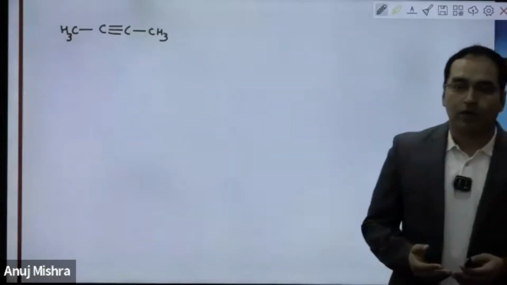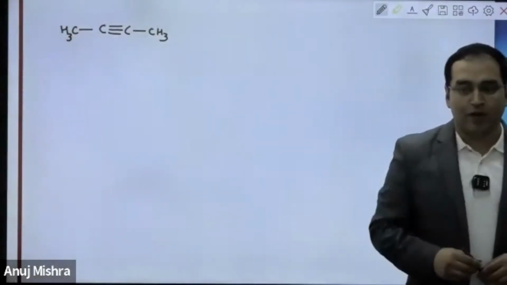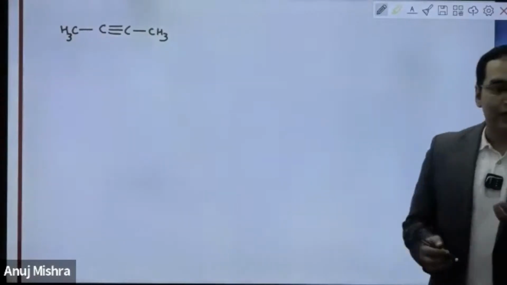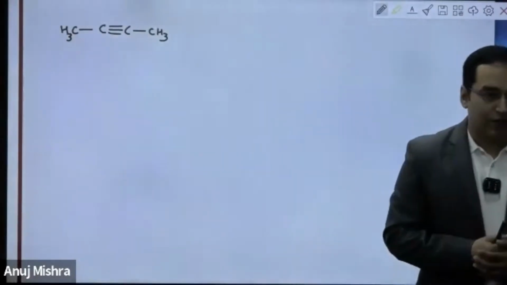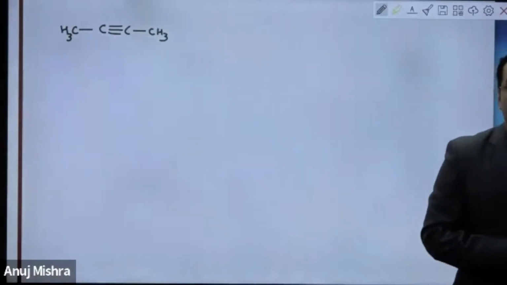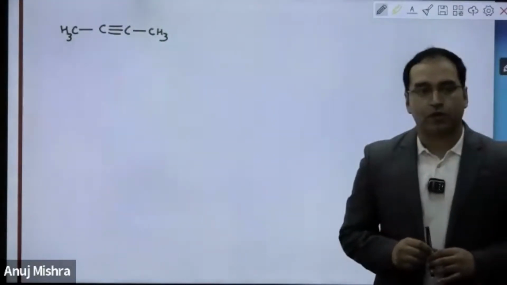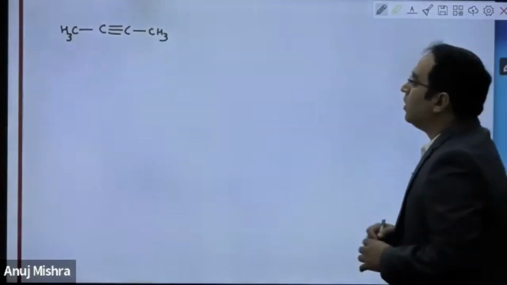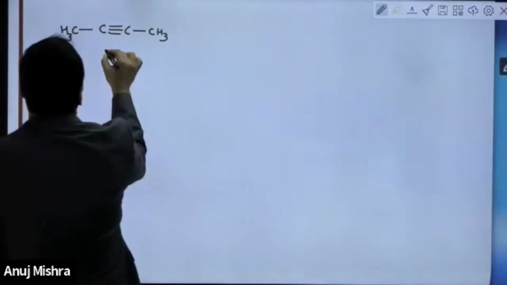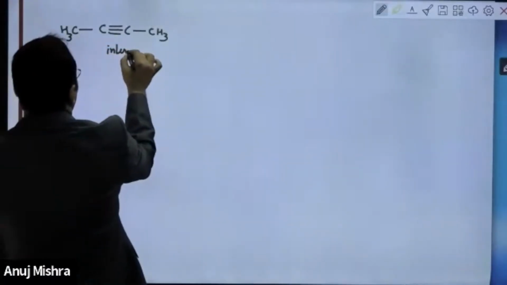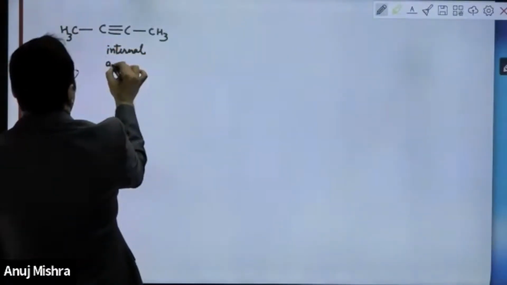So what will it do? C minus Na plus, that is what you have written. Na will just remove that H plus, that's all, that's the reaction. That will not be reduction, Birch reduction; that is just an acid-base reaction. Check point number 2 of your notes. Point number 2, which was point number 1? Point number 2, yes, C triple bond C. So this is called an internal alkyne.